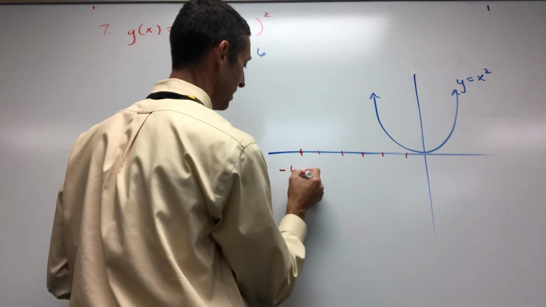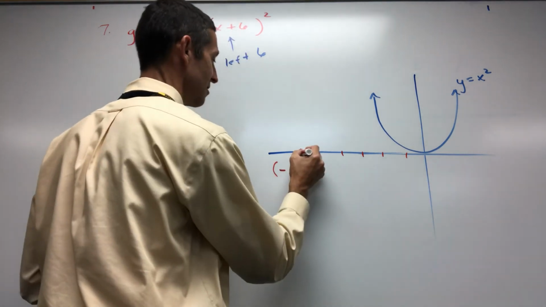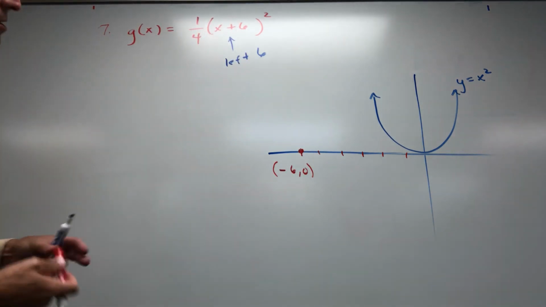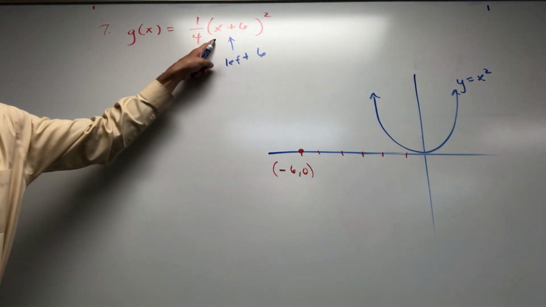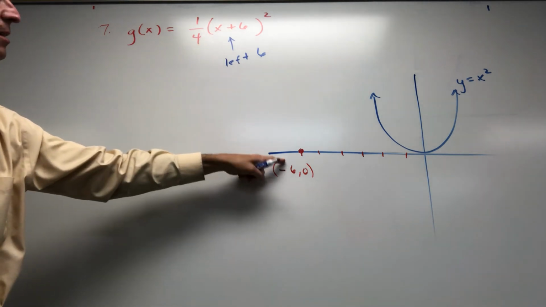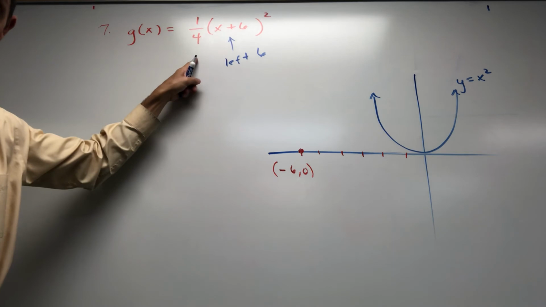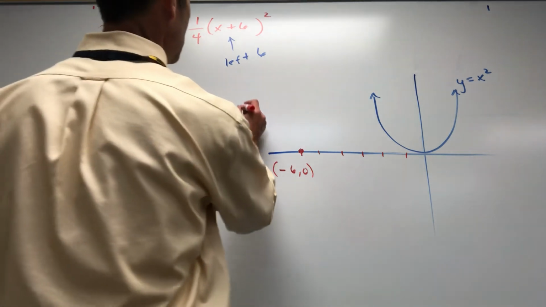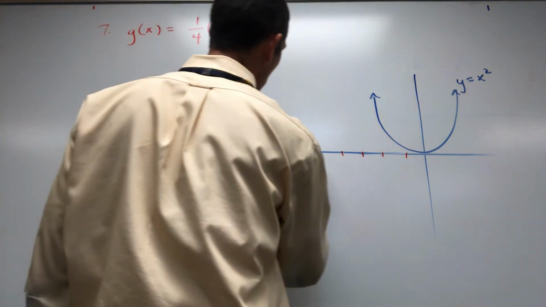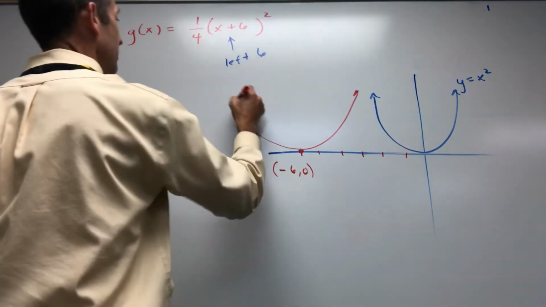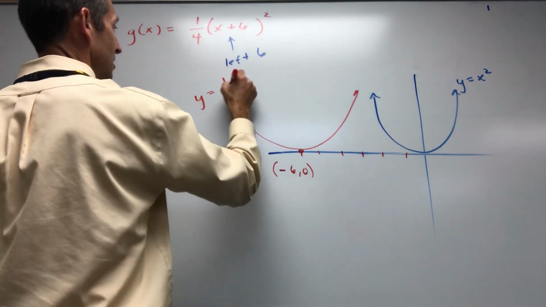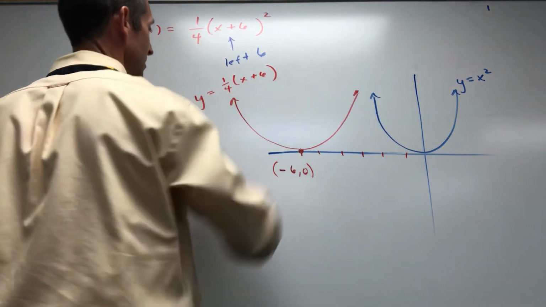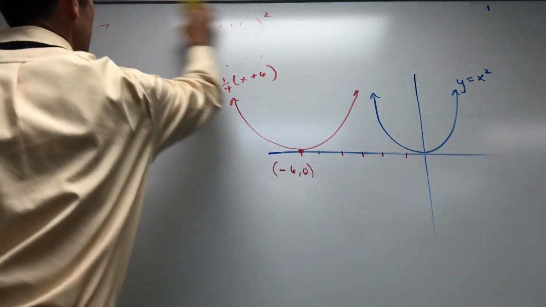So here's -6, 0. Now let's think about it. It's a parabola. I've moved it over 6 spots left. The 1/4 shrinks it. So this parabola, 1/4, flattens out.